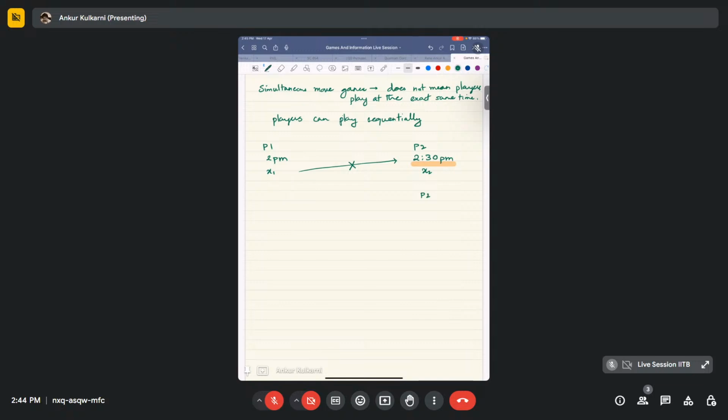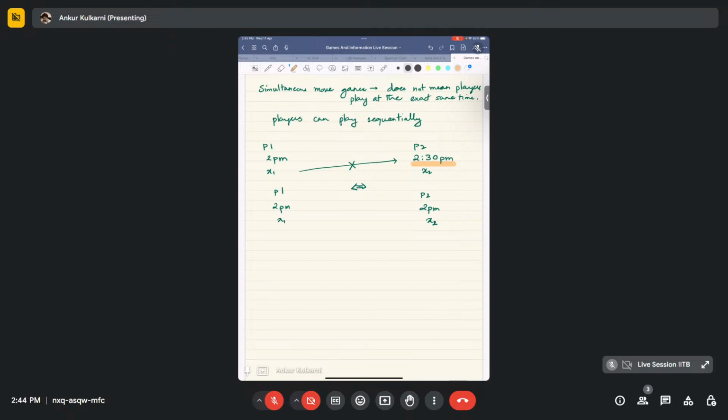So this situation becomes equivalent to both players playing at the same time. In this case, player two is choosing his action later, so player one obviously does not know of player two's action.